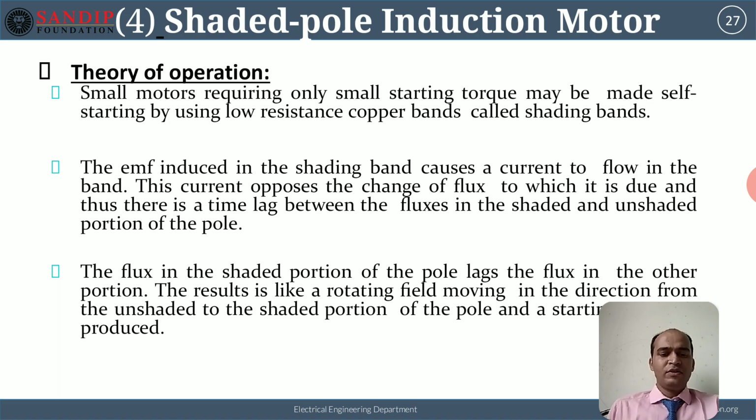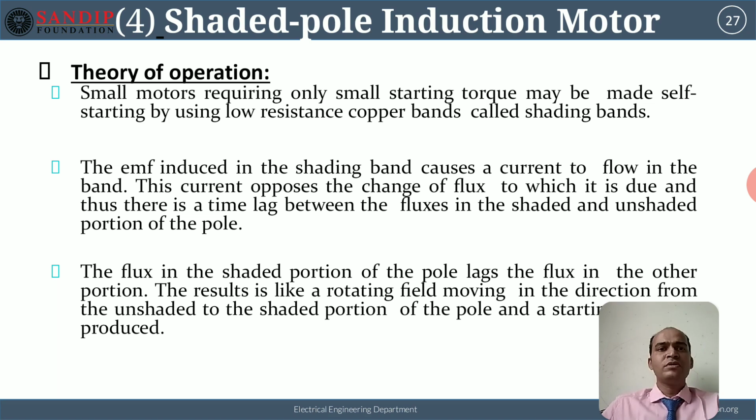Next, the fourth one is shaded pole induction motors. Theory of operation: small motors requiring only small starting torque may be made self-starting by using low resistance copper bands called shading bands. The EMF induced in the shading band causes a current to flow in the bands.